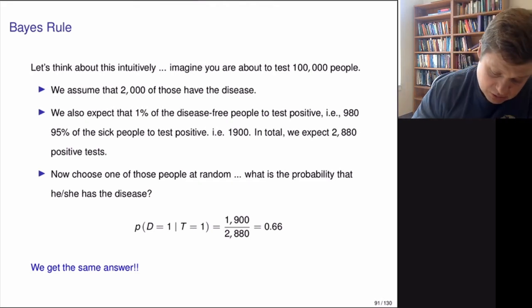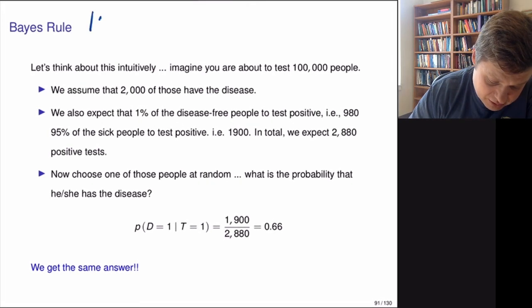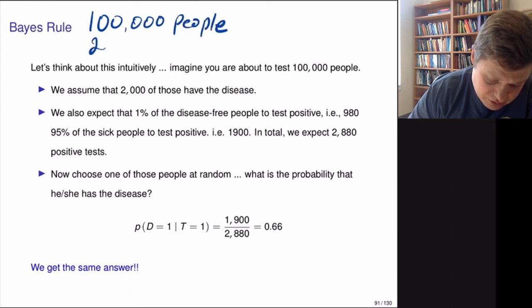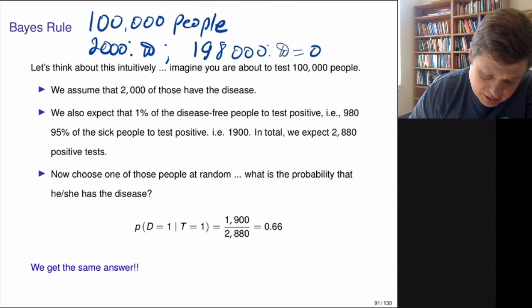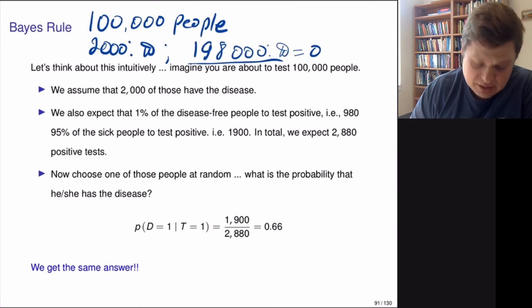So we have 100,000 people, and 2,000 have disease, and the rest of them, which is 98,000, do not have the disease. And out of those, you remember that 1% will be tested positive.